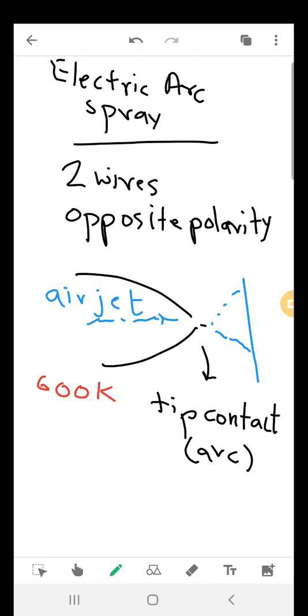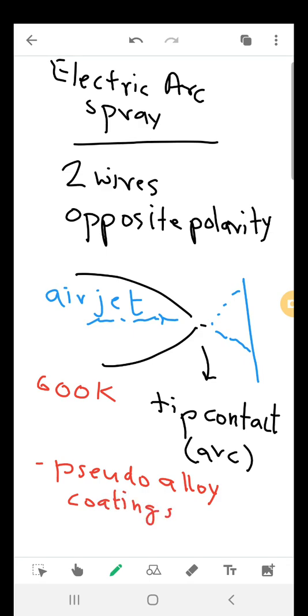So basically you get pseudo alloy coatings, since we are using two dissimilar metals. The wire of this metal is different from the wire of that metal, so that's why the name pseudo alloy comes. So this is called electric arc spray.